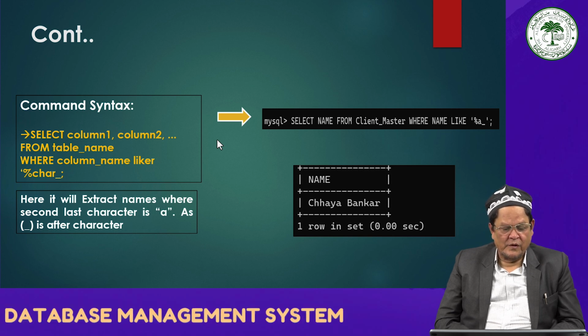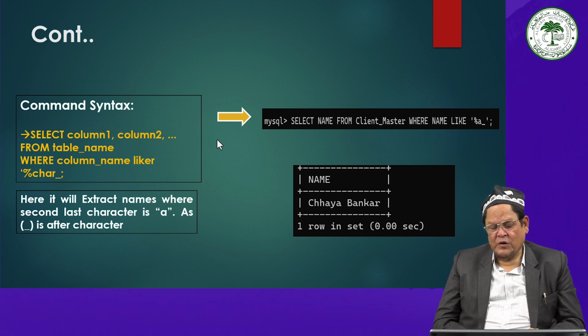In MySQL, we have to write SELECT name FROM client_master WHERE name LIKE '%a_', then a semicolon. It will display all the names with A as the second last character.